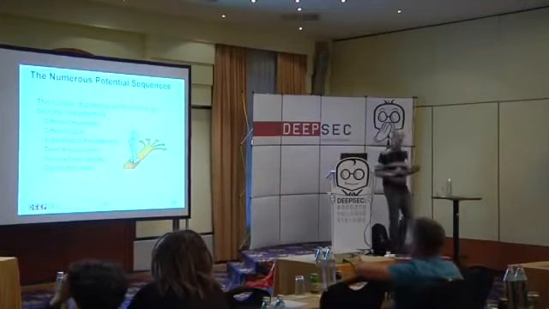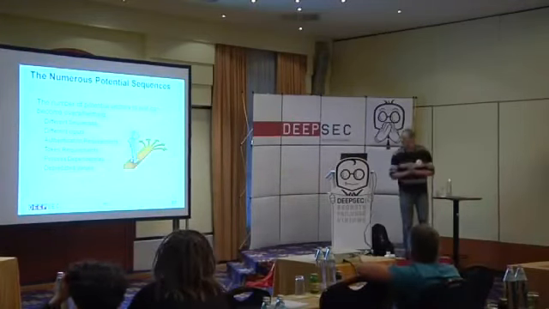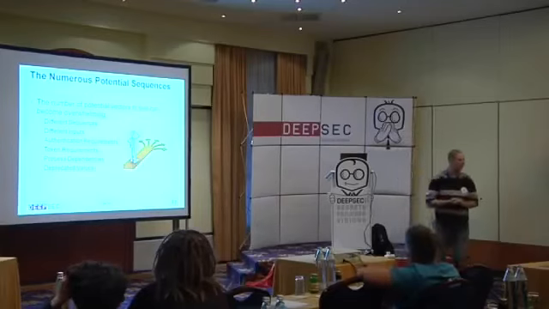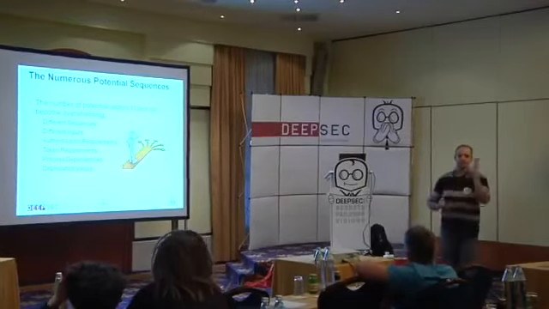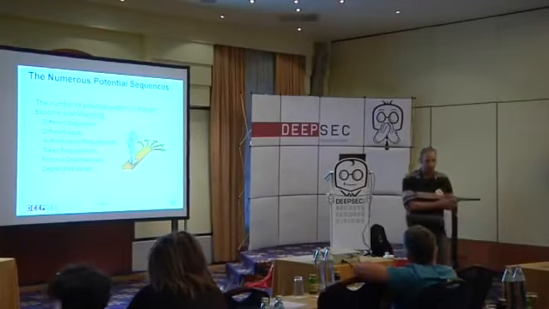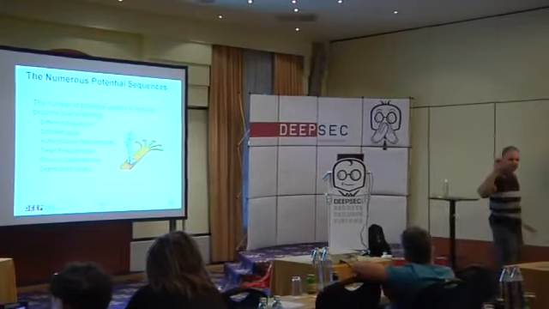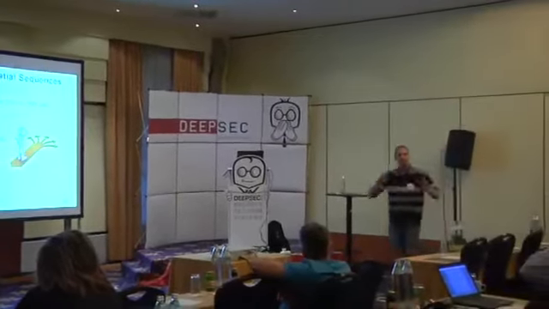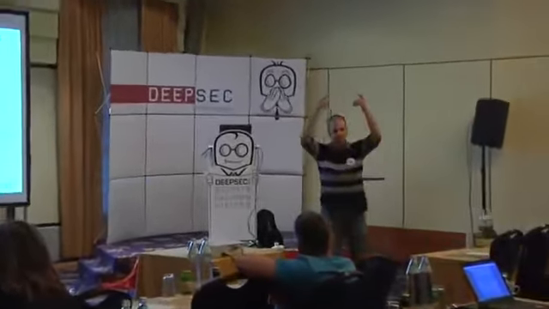So there's numerous sequences in session puzzling. Actually, the first instance we ever came upon was a 7-sequence attack. It was a code of a bank in Poland, and we had to access 7 pages, one after the other. Each page populated something in the session that the other page required.